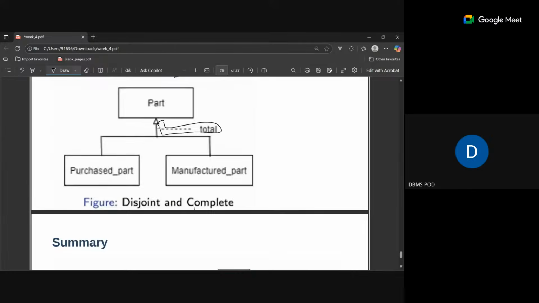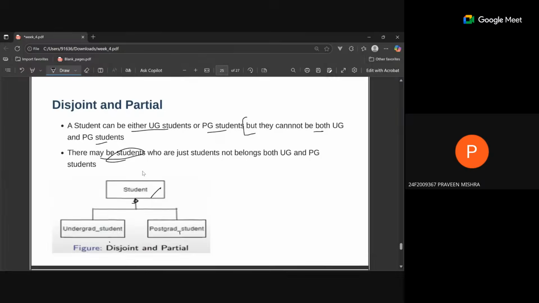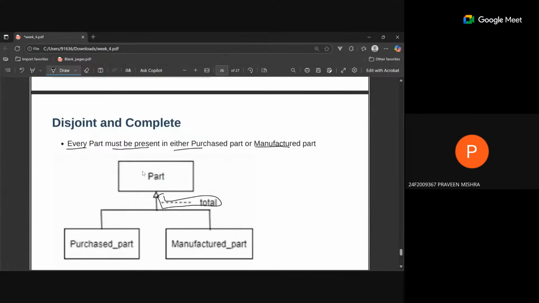If it has this, it is complete. If it doesn't have it, it is partial. So a student can include those students who do not belong to PG and UG, but in the case of disjoint and complete, the part should only have two parts, only purchased and manufactured. Is it the case? Yes.